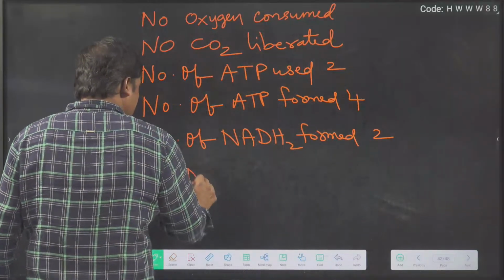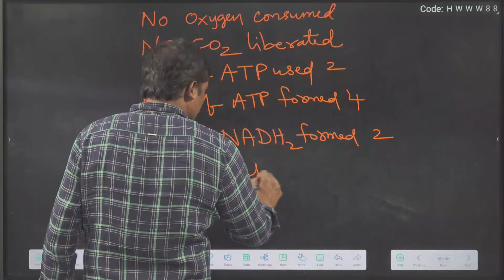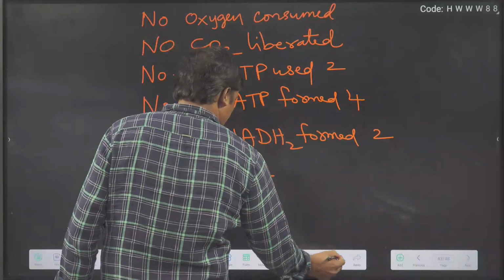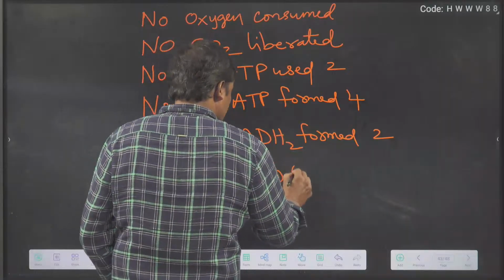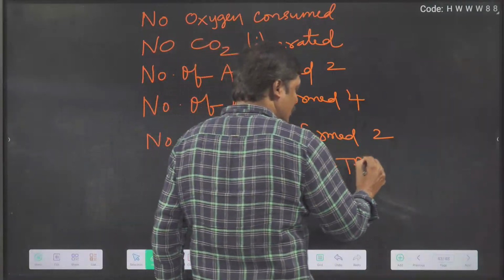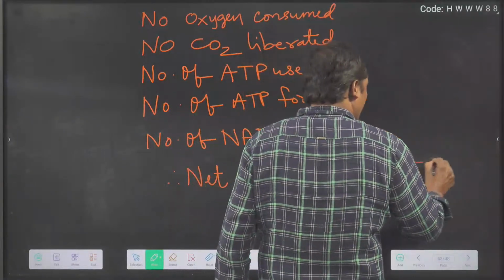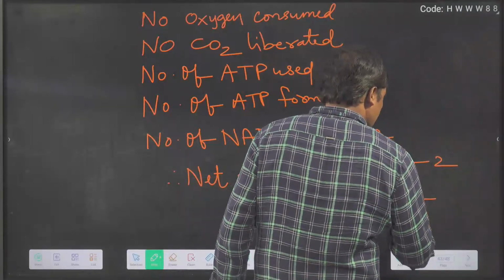Therefore, net gain of ATP is equal to 4 minus 2, that is equal to 2.